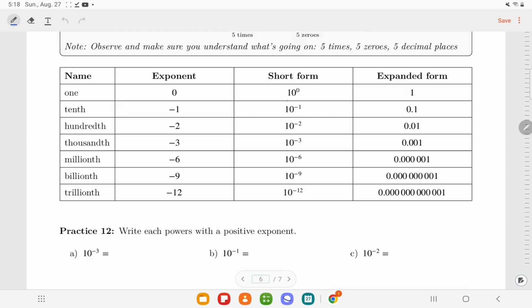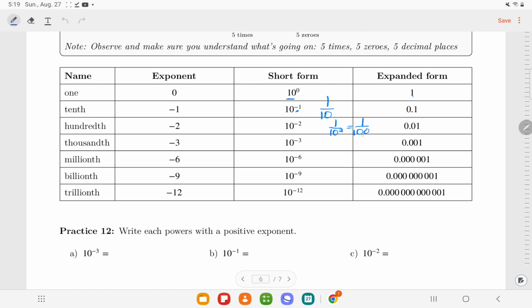So once again, 10 to exponent 0 is just 1, but 10 to exponent of -1 is 1 over 10, which is 0.1. 1 divided by 10, 0.1. 10 to -2 is 1 over 10 to exponent 2, which is 1 divided by 100.